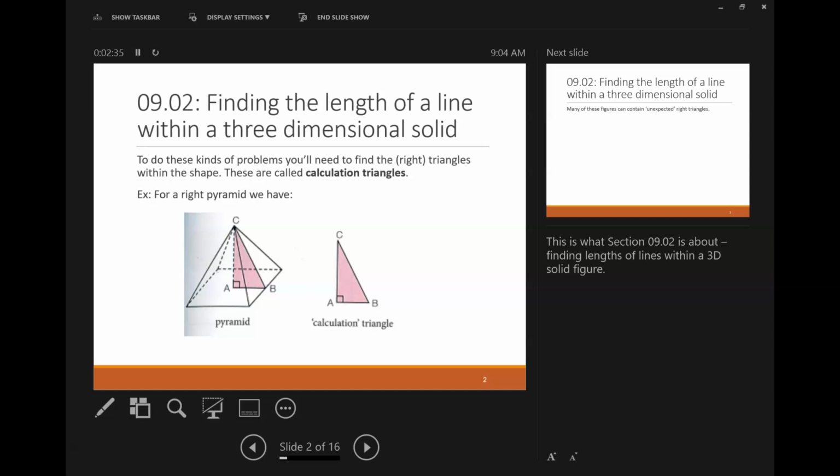Why are right triangles going to be of special use to us? Because they have a 90-degree angle, which allows us to use two very powerful tools. You can use the Pythagorean theorem, and you can do SOHCAHTOA. Those are going to be two of our more powerful tools to find these side lengths.